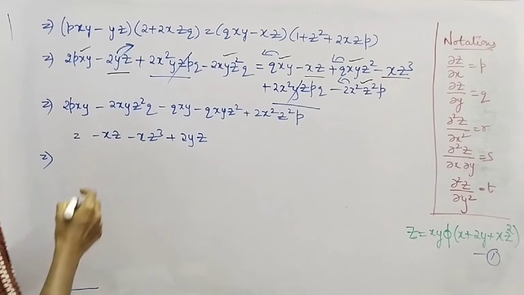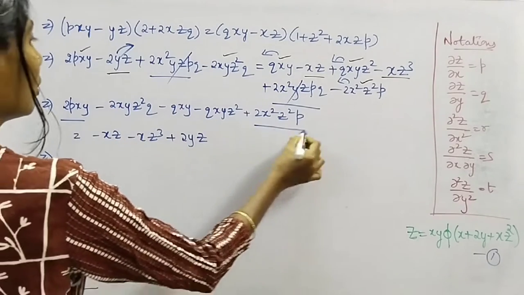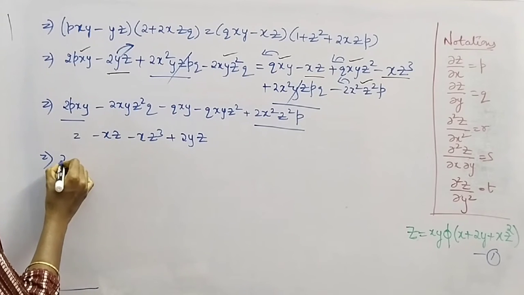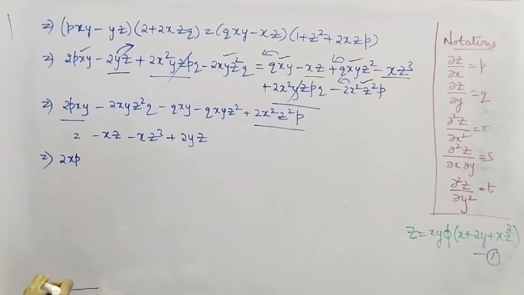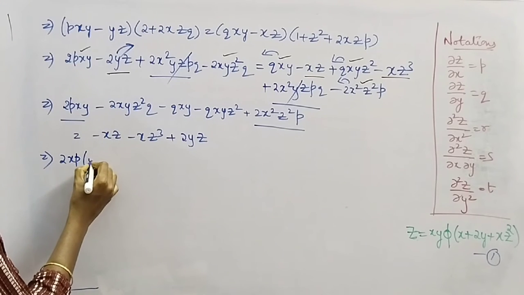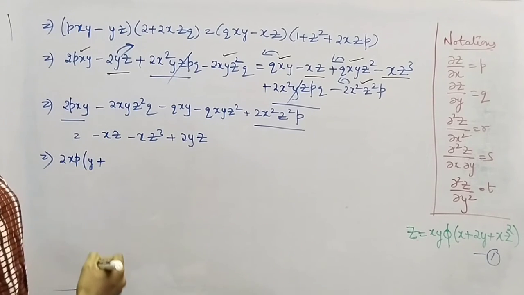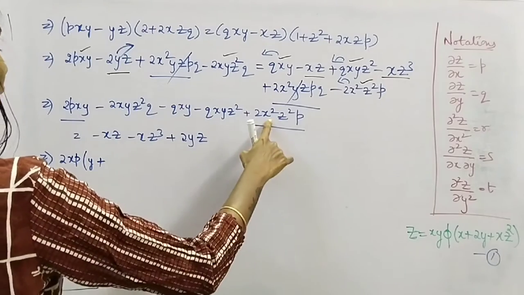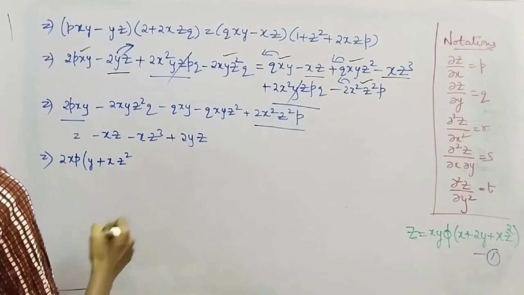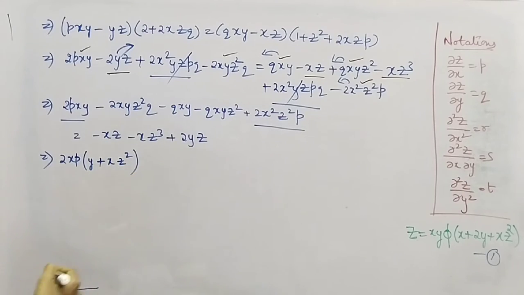Fine. Now take 2xp common from these two terms, we'll get 2xp times (y plus xz square), right, only xz square.